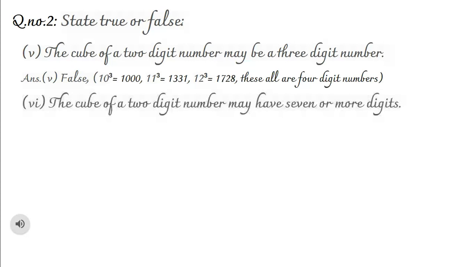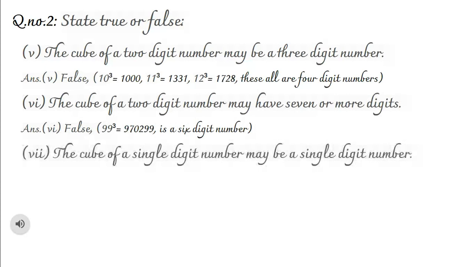That has 6 digits. So a 2-digit number never has 7 or more digits in its cube, isn't it? So what is the answer? It is false. We can say that the cube of a 2-digit number is always less than 7 digits, isn't it? Okay.